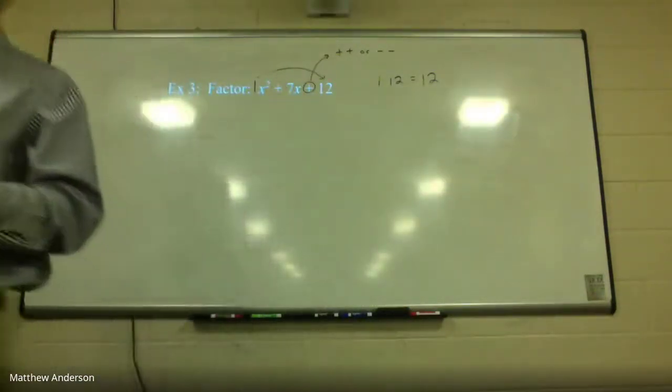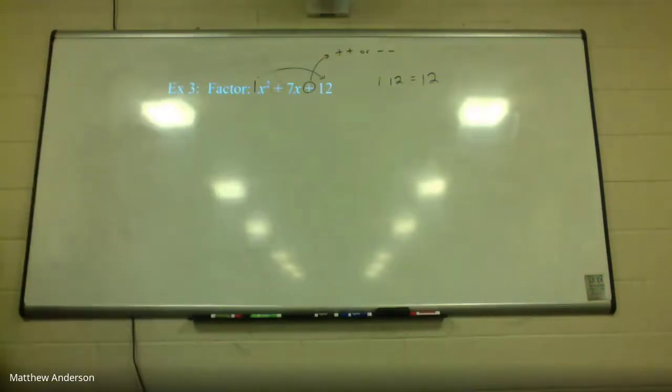Because these 2 numbers that we're looking for are supposed to add up to be a positive 7. So if you add 2 numbers together and you get a positive answer and you know they have the same sign, and we make sure we're thinking. If I add two negatives together, what will the answer be? Negative, right? If you multiply them, you get a positive.